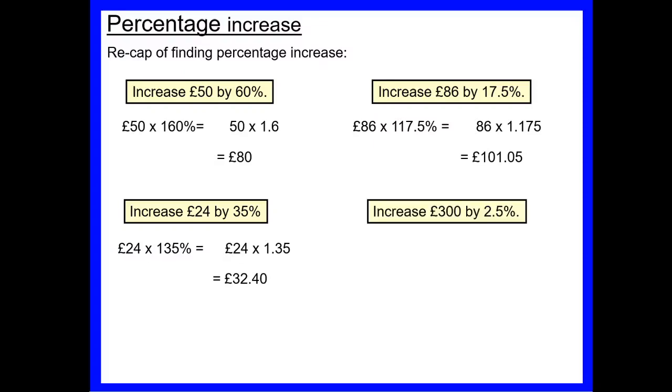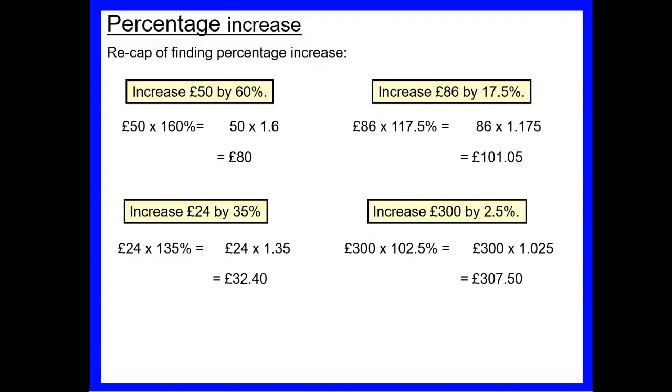Finally then, increasing £300 by 2.5%. So again we have 100% already, so we're going to add on 2.5, so we want to find 102.5%. Let's change that percentage into a decimal multiplier by dividing it by 100, giving us 1.025. 300 times 1.025 is £307.50.